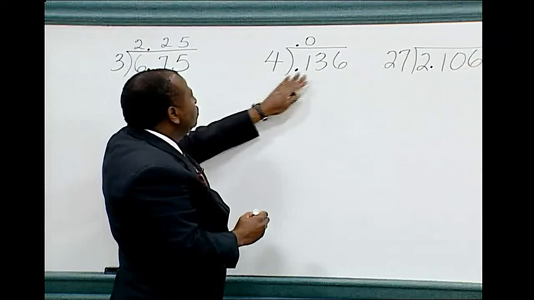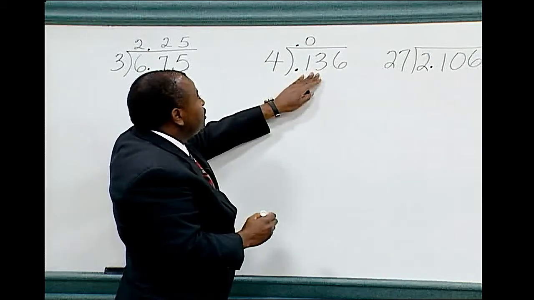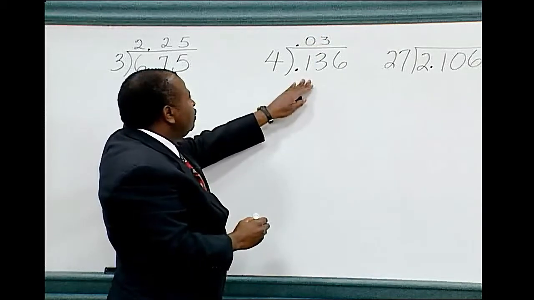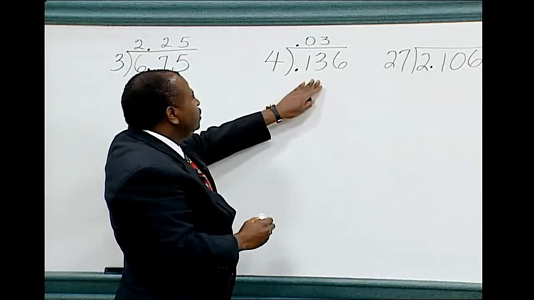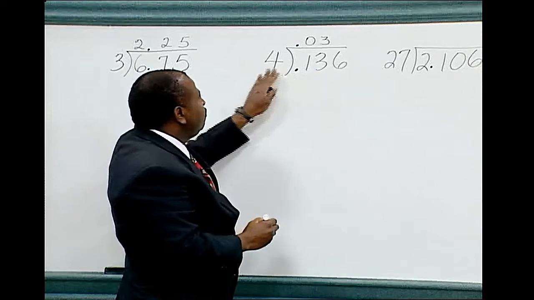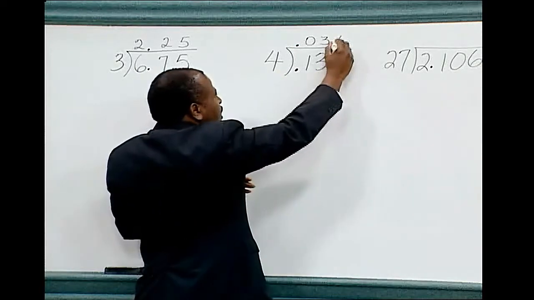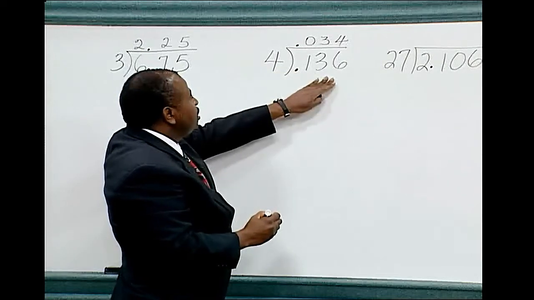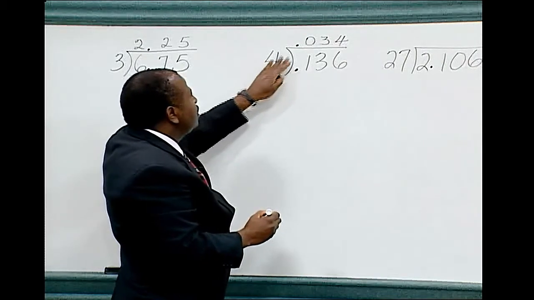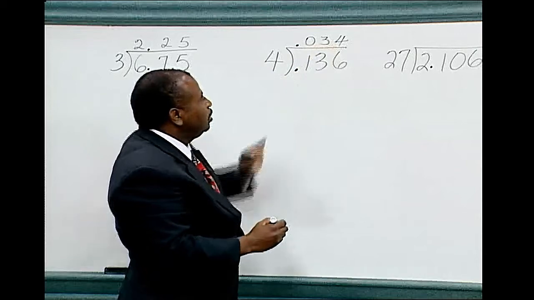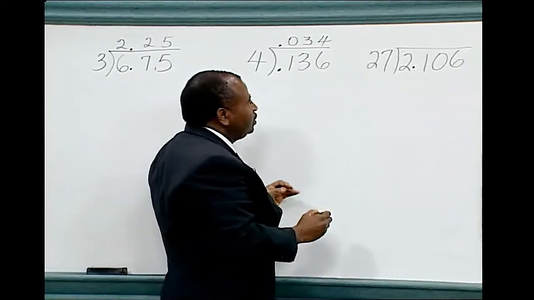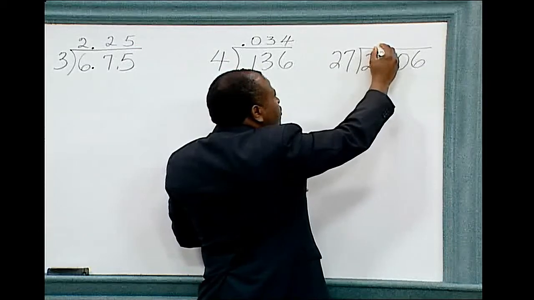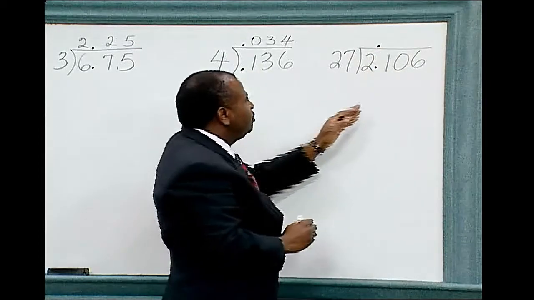Now 4 will divide into 13 3 times. 3 times 4 is 12. 2 from 3 is 1. It's going to make this a 16. 4 will divide into 16 4 times. Therefore, 0.136 divided by 4 equals 0.034.